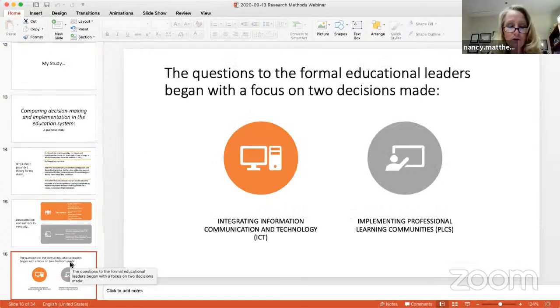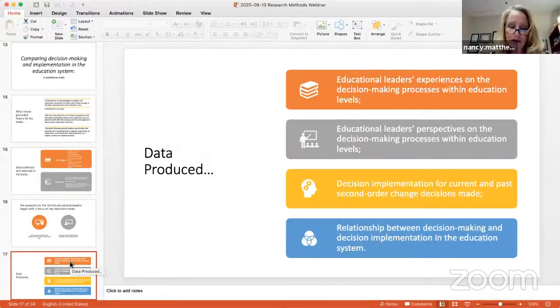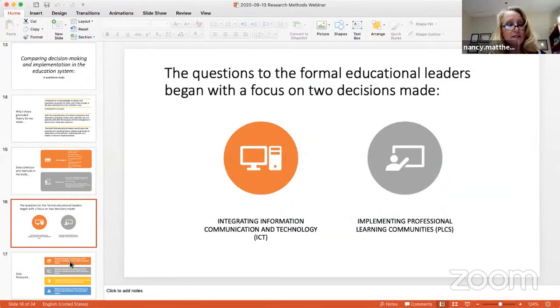So the questions to the formal educational leaders began with a focus on 2 decisions that had been previously made in education, and that was integrating information communication and technology, ICT, into education, as well as implementing professional learning communities, both being considered second-order change decisions.